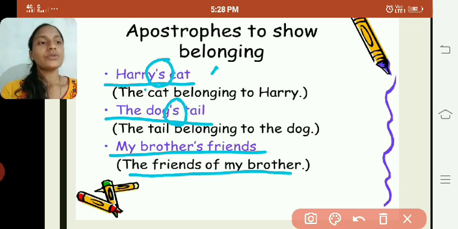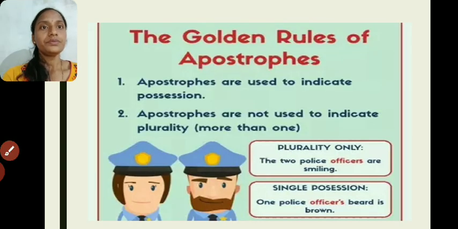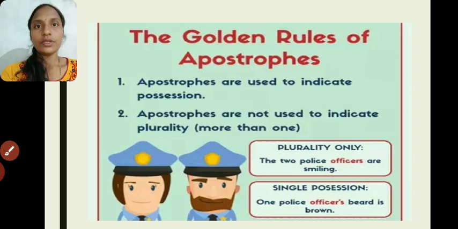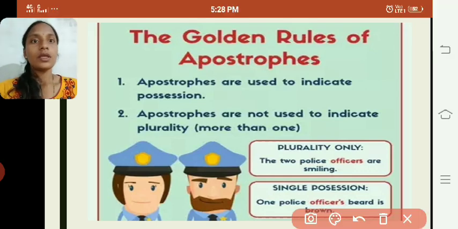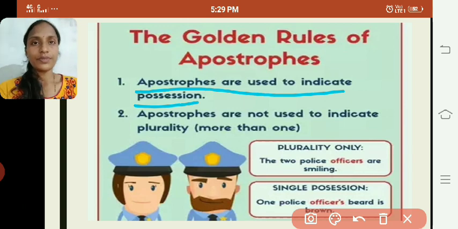Okay, now we have learned about apostrophe. Now there are certain rules, okay, because we might get confused between apostrophe and plural nouns. So let's see. See, apostrophes are used to indicate possession. Possession means belonging, that this is mine, this is yours.